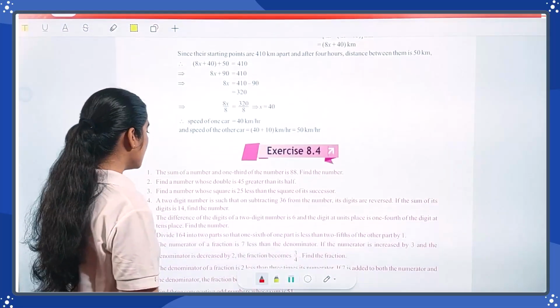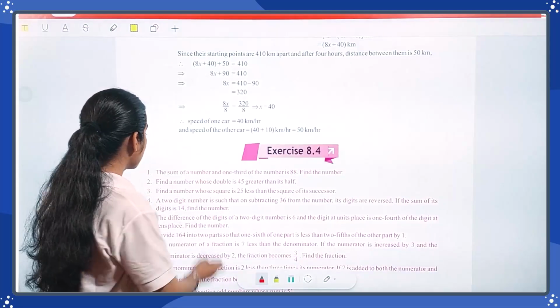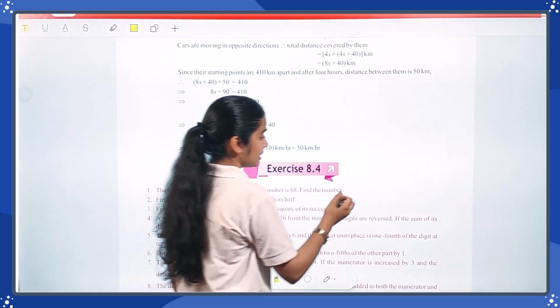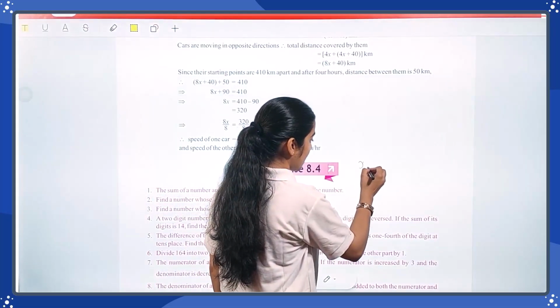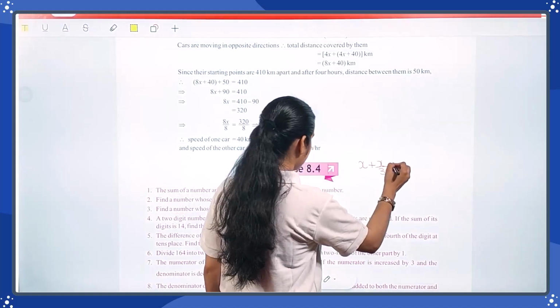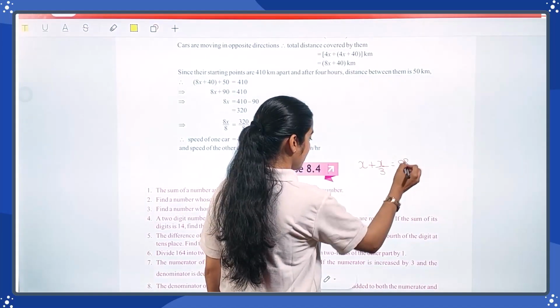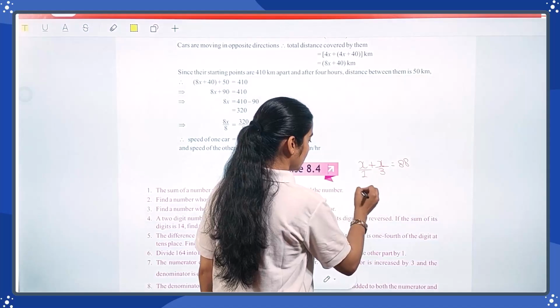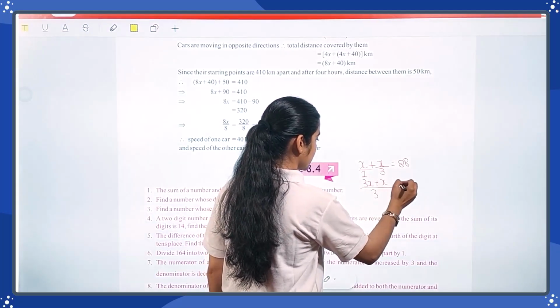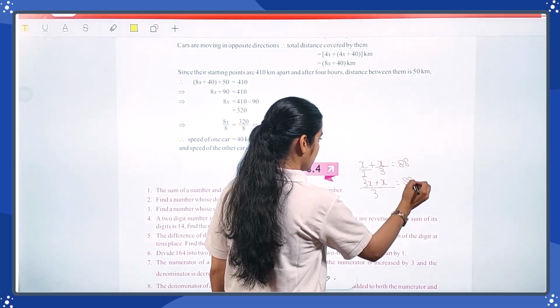The sum of a number and 1/3 of the number is 88. So let the number be x and 1/3 of the number is x by 3, that is equal to 88, which means 3x plus x is equal to 88 times 3.